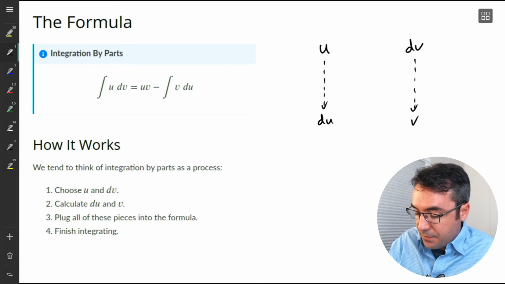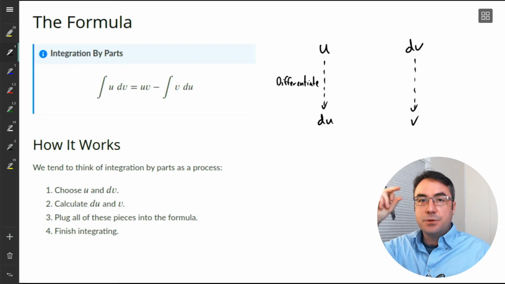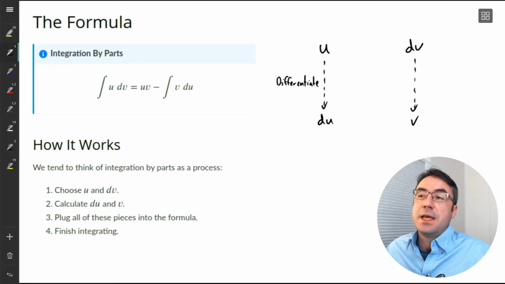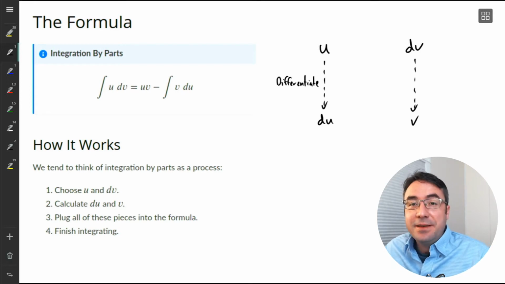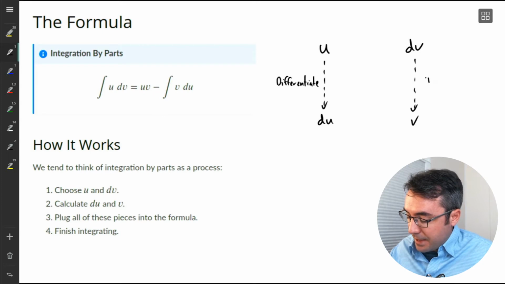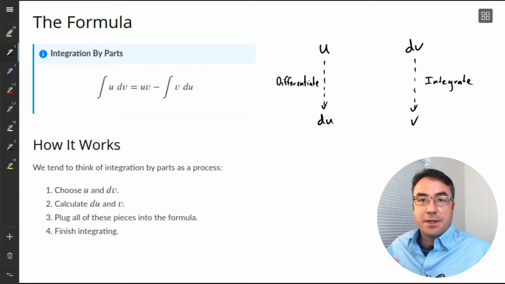Well, there we're going to differentiate. So we're choosing u, we're going to differentiate u to get du. Now if we're choosing dv, how do we think we get back up to v? Well, we're going to integrate that.